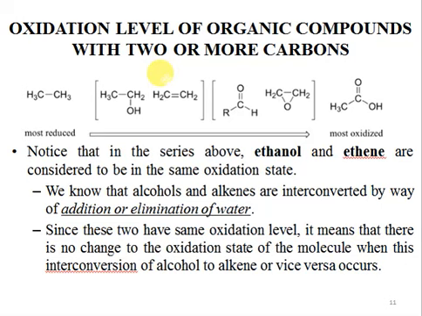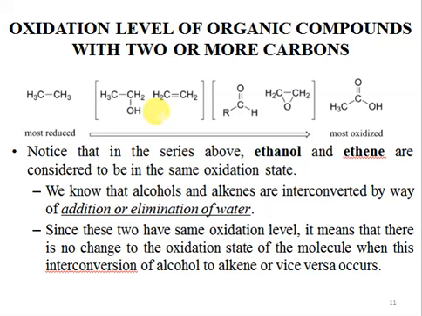If you look at this series, you see that this ethanol and this ethene have the same oxidation number. And if you remember the basic reactions of alcohols and alkenes, you know that alcohols can be converted into alkene and alkene can be converted into alcohol by simple elimination or addition of water, right?